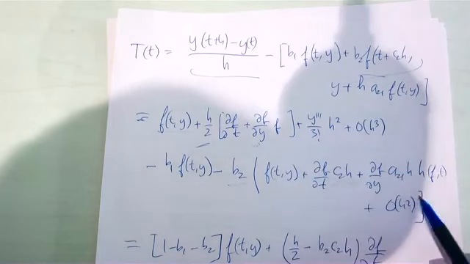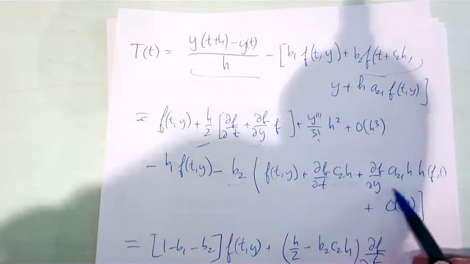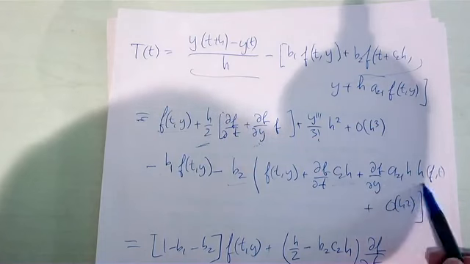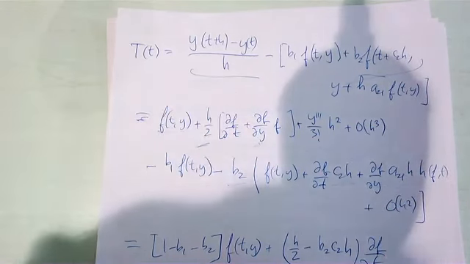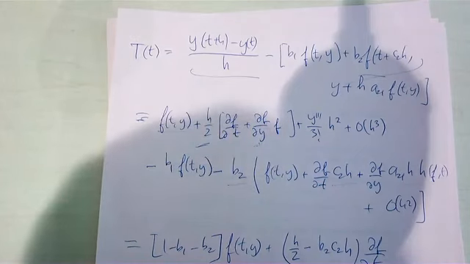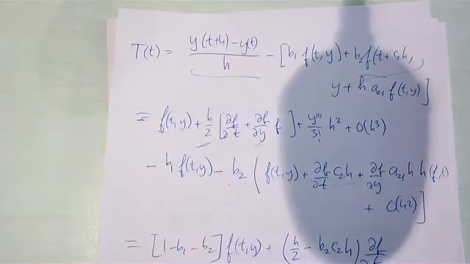And then I have this term, so I have minus b2 a21h. So that's why I have this one.